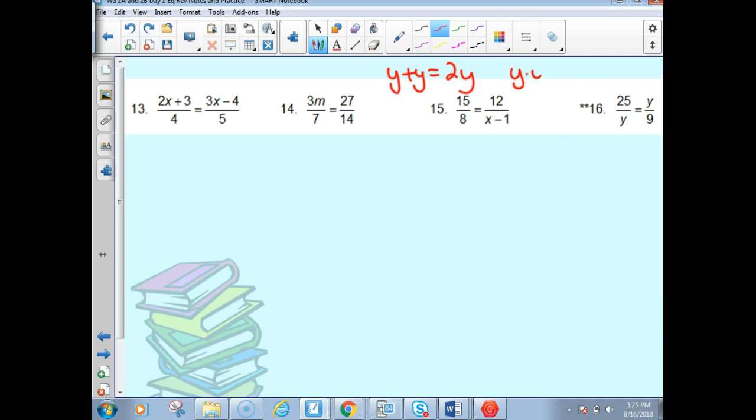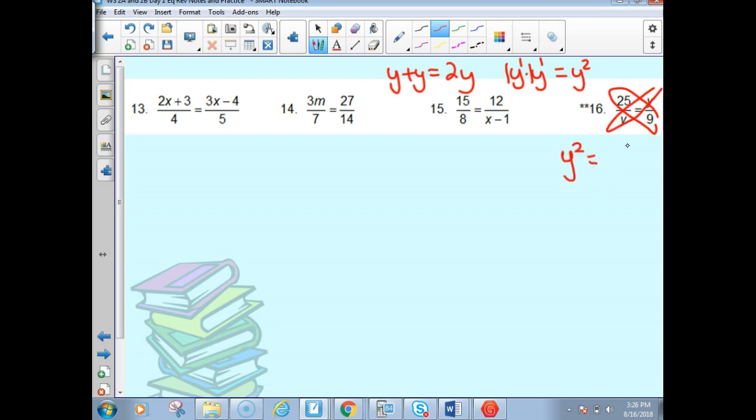Y times y is an exponent property that says if you multiply like bases, you add the exponents. So y times y is y to the second power, not 2y, because these are 1y's times 1y's. I'm glad to hear those thoughts so I can straighten anything out. There's a misconception. Y times y would be y squared.